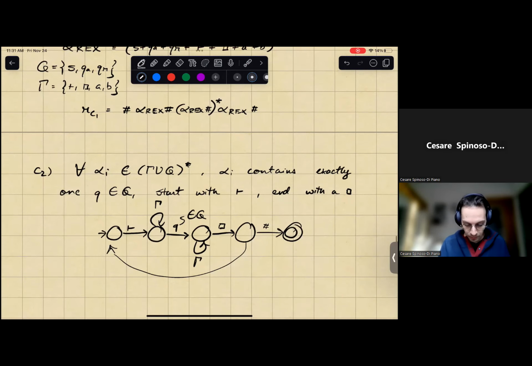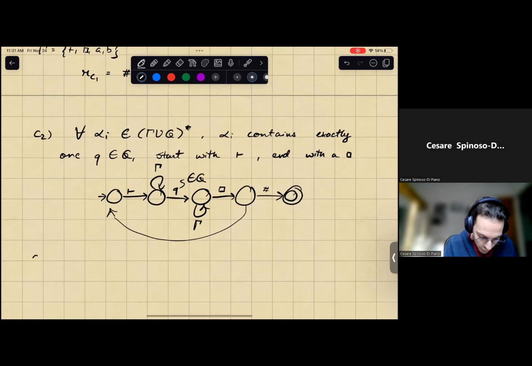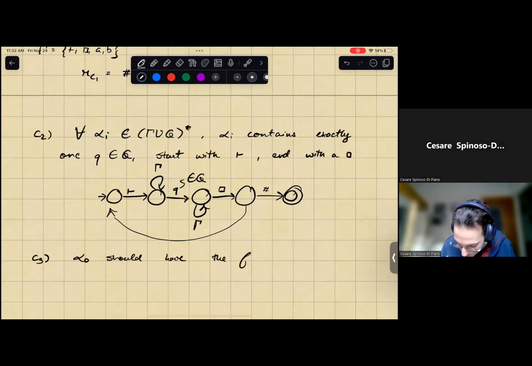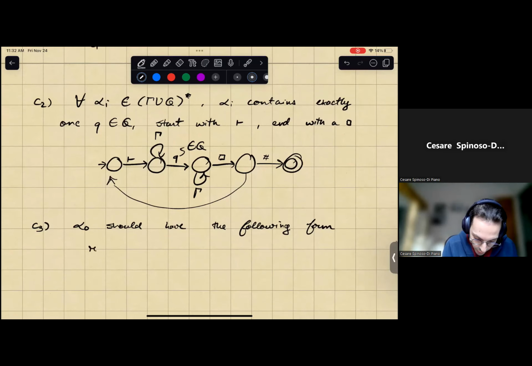Okay, so that's nice. The third condition has to do with what alpha_0 should be in particular. Alpha_0 should be a starting instantaneous configuration, and so it should be represented in a particular way, right? Let's just write down the regular expression which should represent alpha_0. So alpha_0 should have the following form, where let's just use a regular expression straight up.